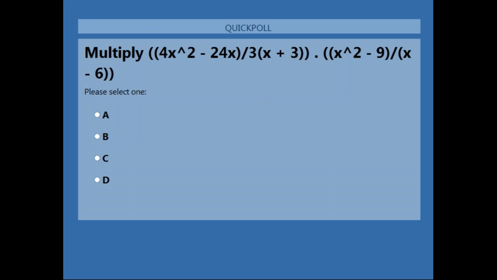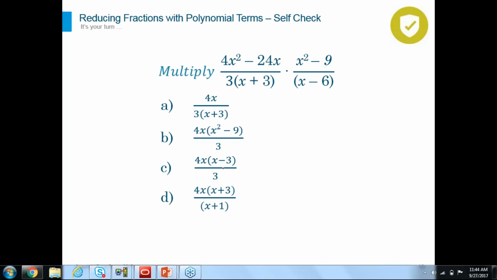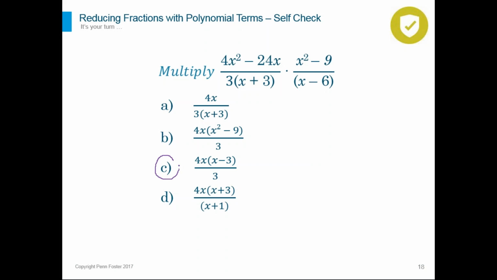I see that some of you have decided to participate, which is good. Live webinars are meant to have interaction between the instructor and the students instead of just watching a recorded video. So it's good that some of you have decided to participate and share your answers. So the answer is C. The answer is C: 4x times x minus 3 over 3.